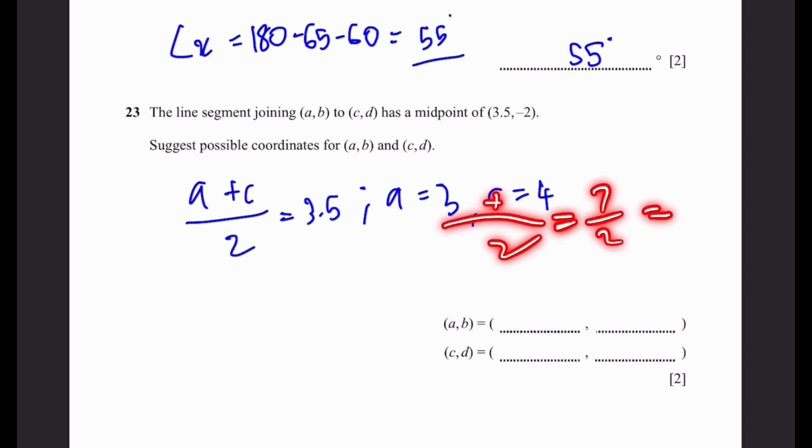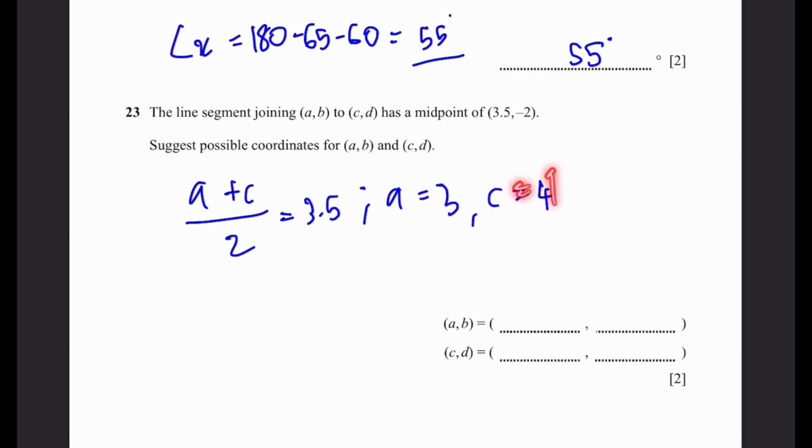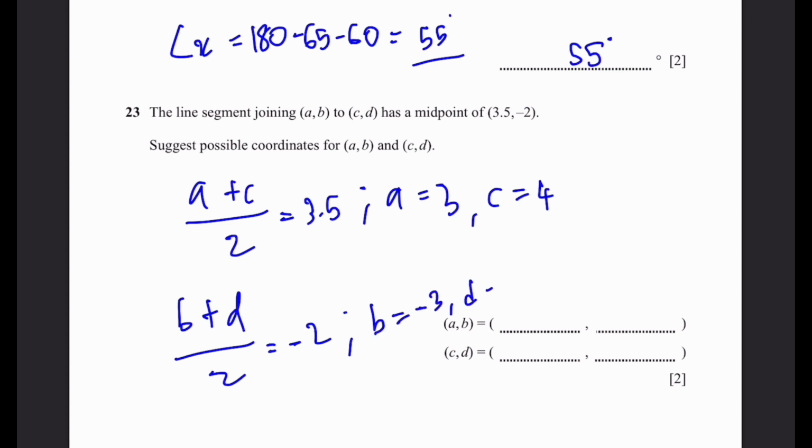It's equal to 3.5. If you take 2 and 5 or 1 and 6, it's all right. Anything which adds up to 7. A plus C should be equal to 7. Now for (B plus D) divided by 2, it's equal to minus 2. So I'll give another example. B equals minus 3, D equals minus 1.